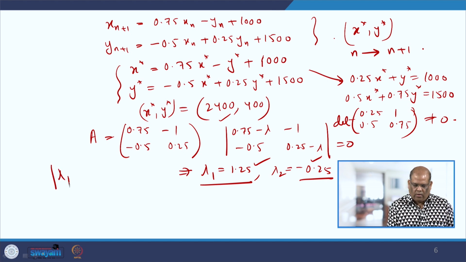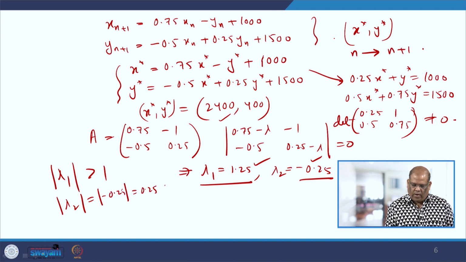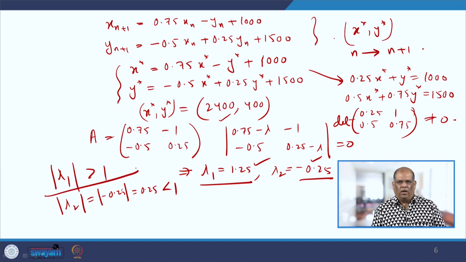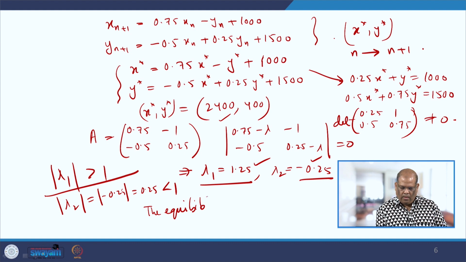So, according to the previous theorem, you calculate mod lambda 1, which is greater than 1, and mod lambda 2, which is mod minus 0.25, which is 0.25, and it is less than 1. So, the modulus of one eigenvalue is greater than 1 and the other is less than 1, and the conclusion is the equilibrium point (2400, 400) is a saddle.